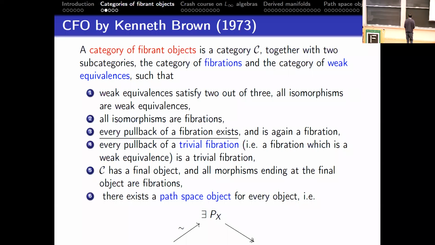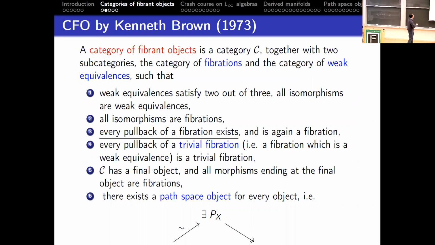It's a little bit technical, but what I want to point out is that the last one is the most important. What is 2 out of 3? If you have, let's say, X, Y, Z, three objects. Yeah, I will give you the next slide. So can I just talk about the first axiom?